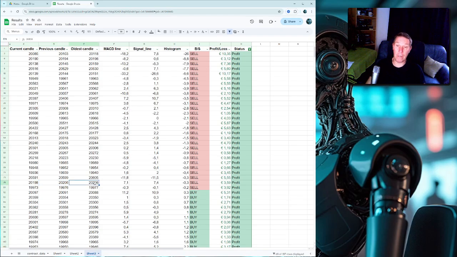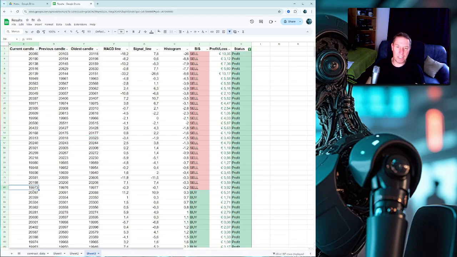So the candles were going up, but the signal line was bigger than the MACD line, so a sell went in and that was profitable. Strange. That should not have happened. It's 3 candles in a row. I'm an idiot.